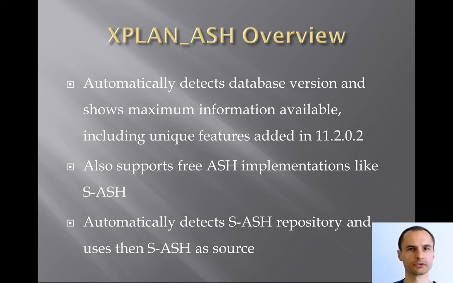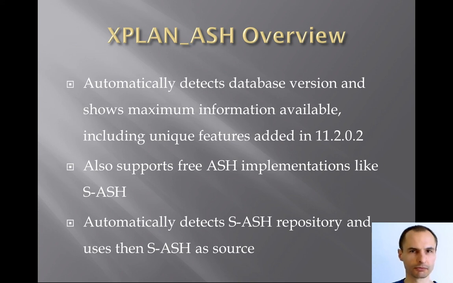For example, in 11.2.0.2 you get in active session history a new undocumented column from which the actual parallel degree can be extracted, and that's also implemented in Explain-Ash so that it tries to take advantage of the latest features, but it's still capable of running on older versions and will simply show less information.